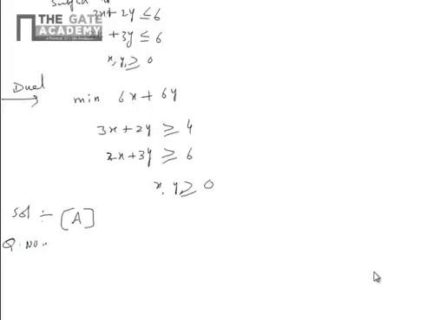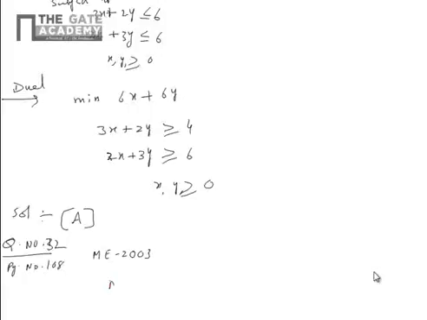Question number 32, page number 108, GATE 2003. A manufacturer produces two types of products, 1 and 2, at production levels of x1 and x2 respectively. The profit is given by 2x1 plus 5x2.